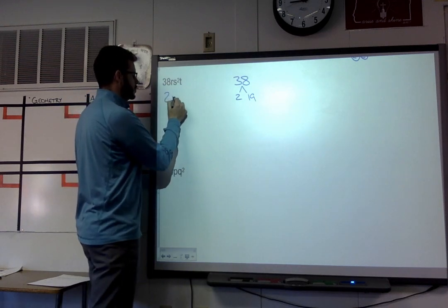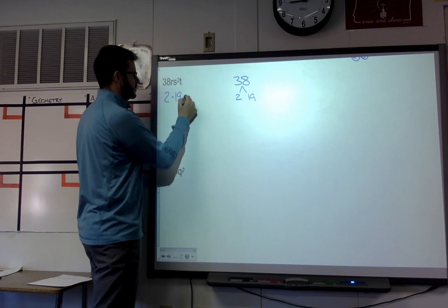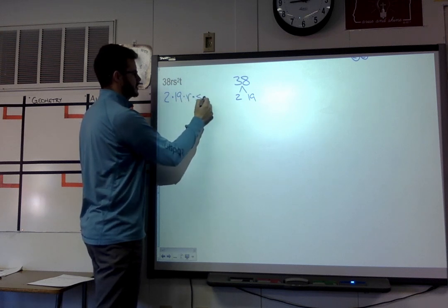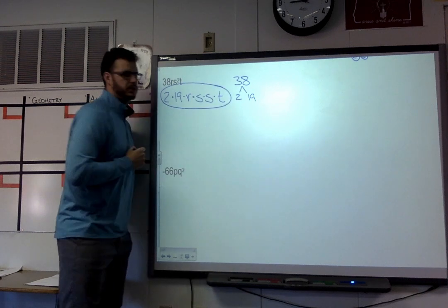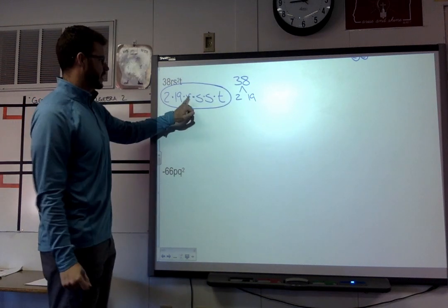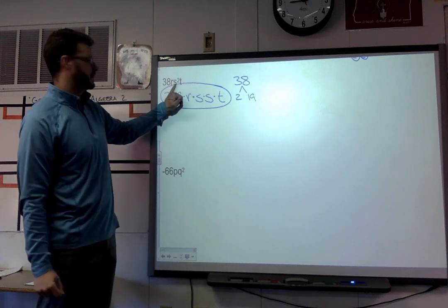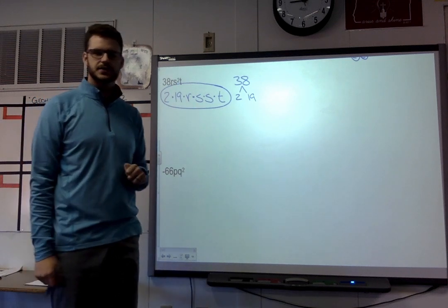So I would go 2 times 19 times r times s times s times t, and that would be my factored form. Now again, I have 2 s's because up in the original monomial, I have an s squared.